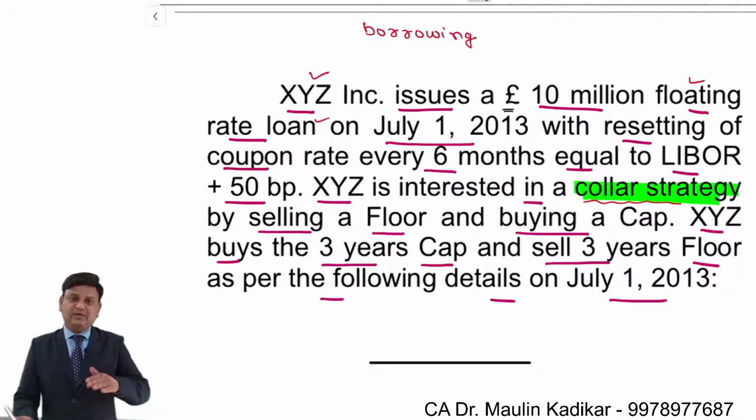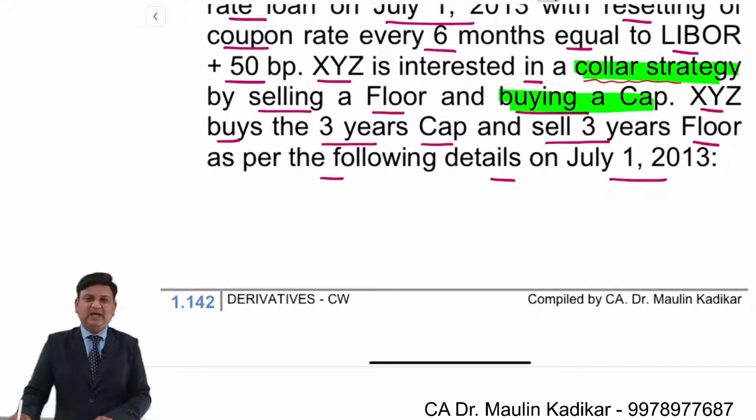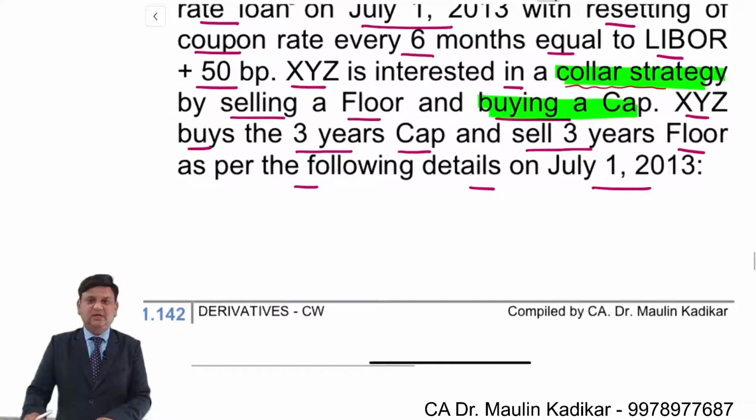Basically, to cover up the increase in the interest rate, we purchase the cap option, as you usually do. At the same time, you do not want to incur the cost of the premium for purchasing the cap.